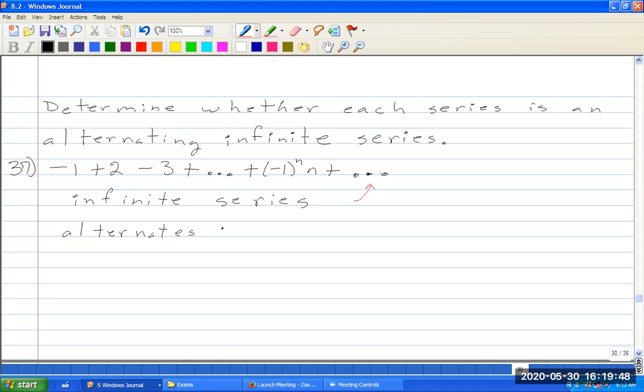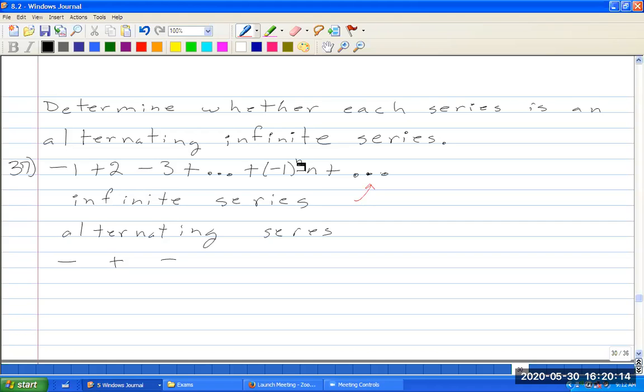Well, it's an alternating series because we see it's a minus 1 plus 2 minus 3, etc. And then it says minus 1 to the n. So for the even n, it'll be positive.